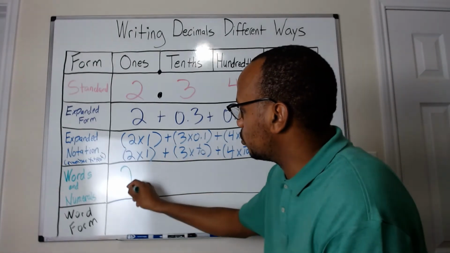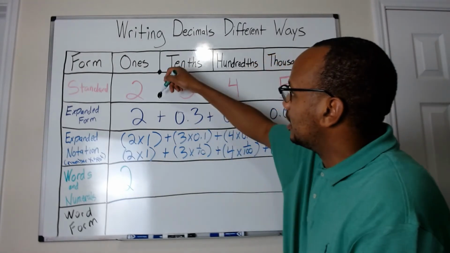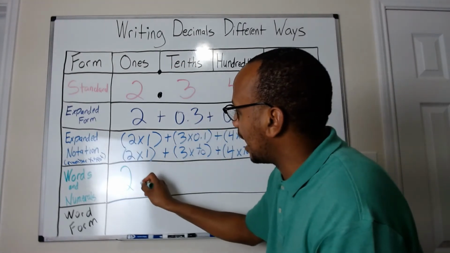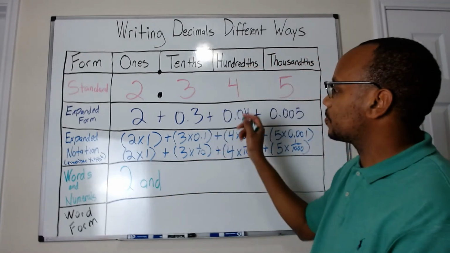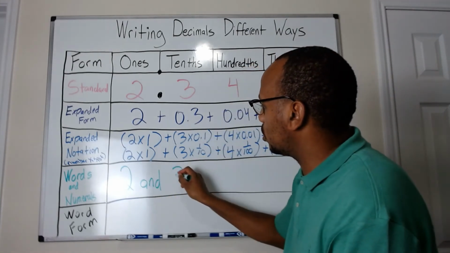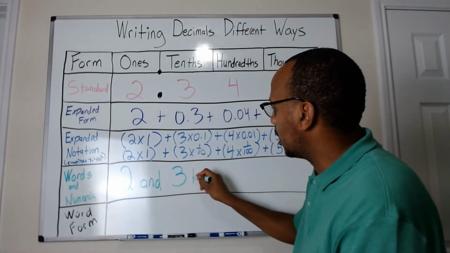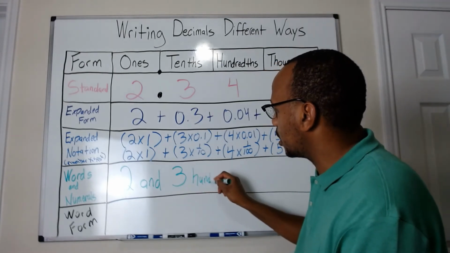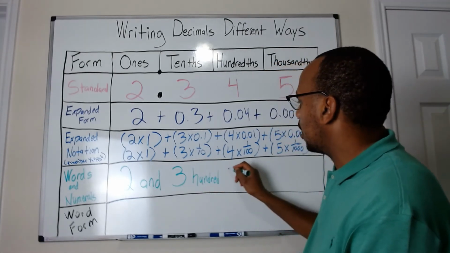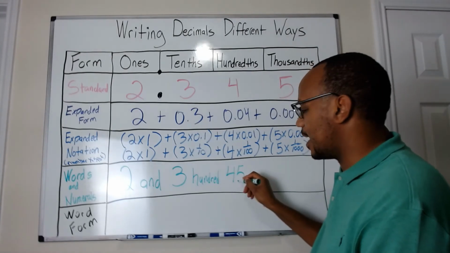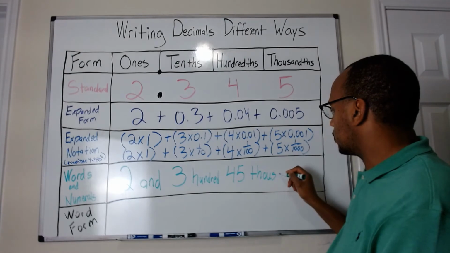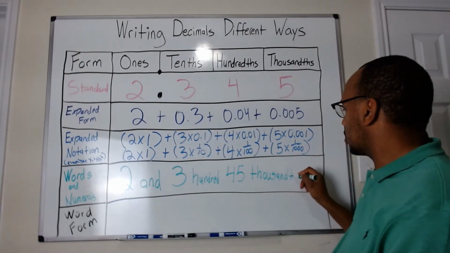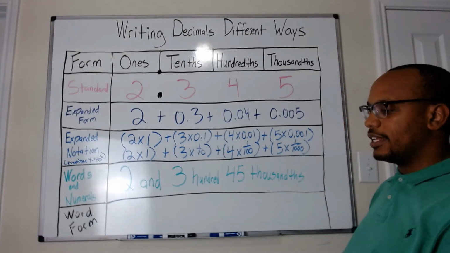the number 2, decimal point means the word and, 345 thousandths. All it is, nothing fancy.